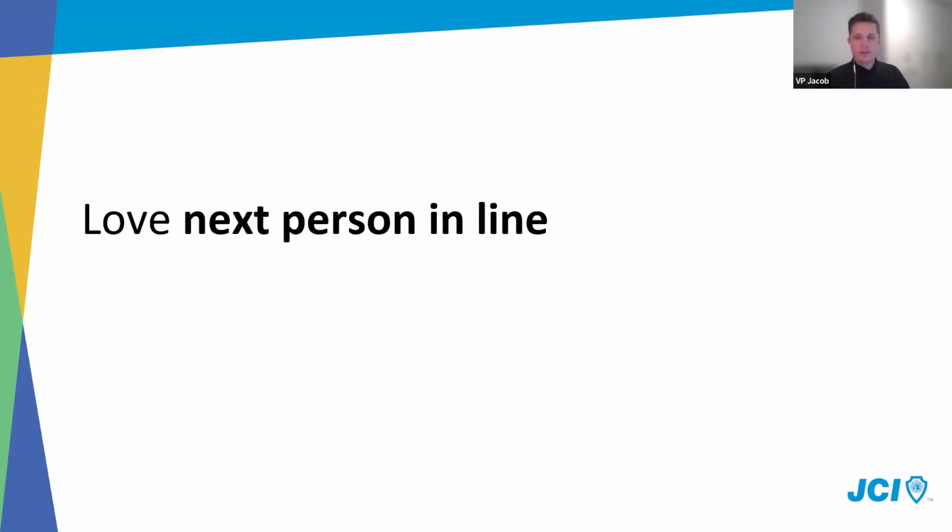Then always give some love. So if you remember this section, I love the next person in line, then you also know, okay, what do I want to give that person? And even though you don't love that person, I don't care. Love that person. Because that person is a person, and that person is going to be in your shoes in a while.